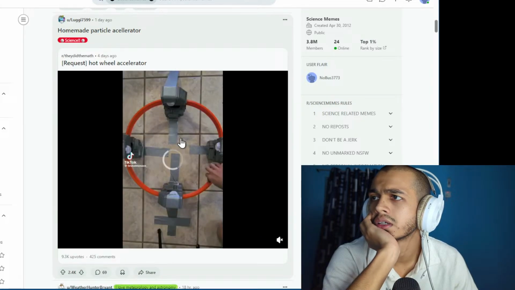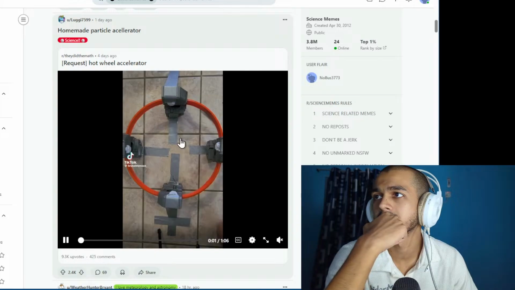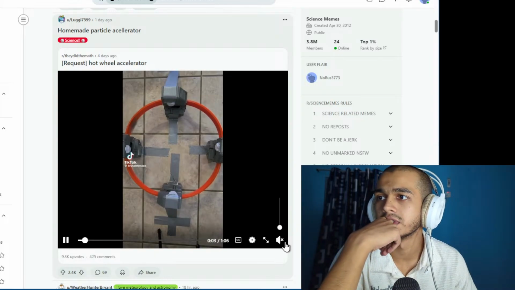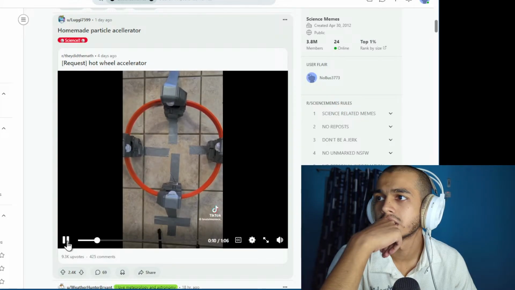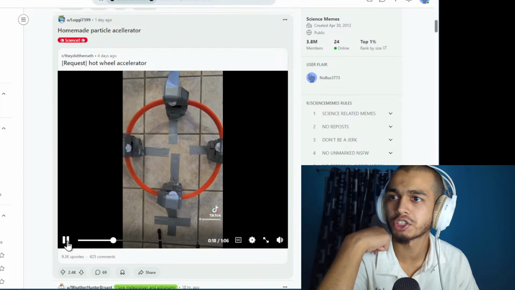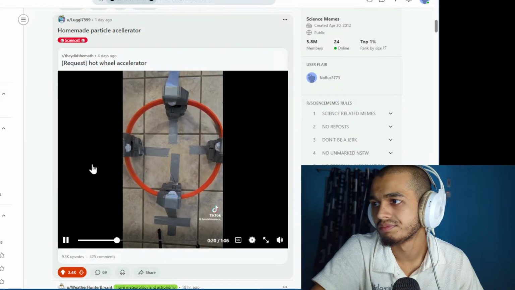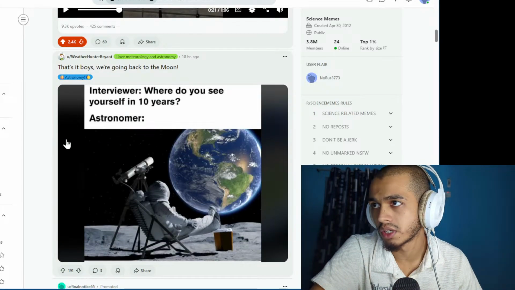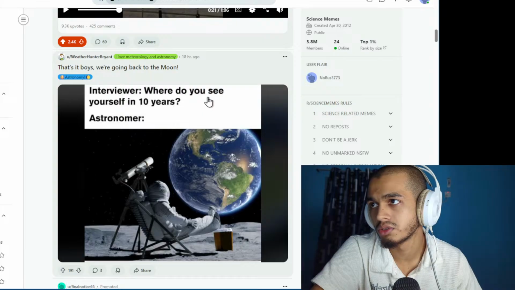What the heck, Hot Wheels accelerator, homemade particle accelerator. This is physics. Ooh, it's too fast, bro. Okay, interviewers: where do you see yourself in 10 years?